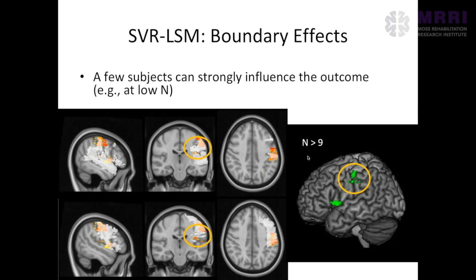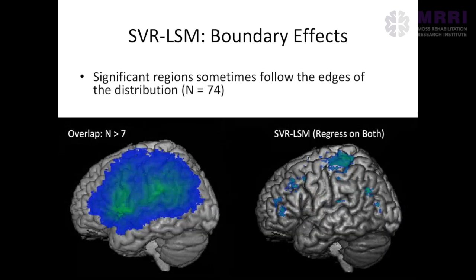Another interesting boundary effect that we've seen in our data is what we call this edge effect. In this case, we had a data set of about 74 participants, and you can see their overlap map here on the left. What we got as the outcome of this analysis is basically significance that followed the edge of this distribution.